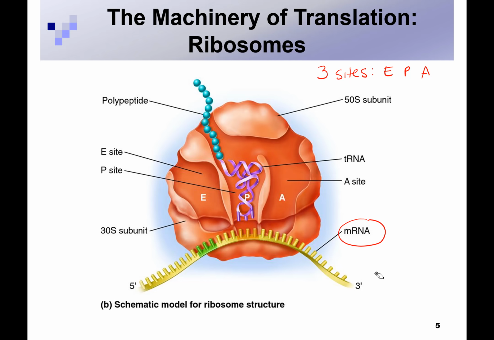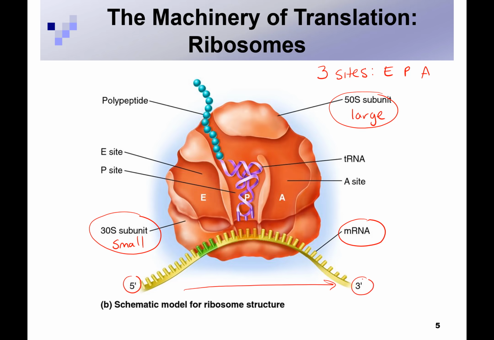So the ribosome, which is made up of a small and a large subunit, it's going to bind to the mRNA and it's going to read from 5' to 3'. And it's going to read in groups of 3, which are the codons. And remember, the molecule that reads the codons is the tRNA.